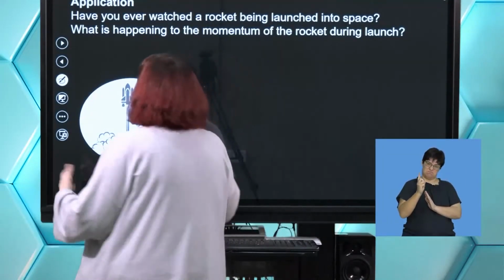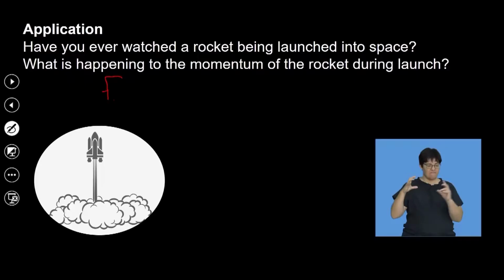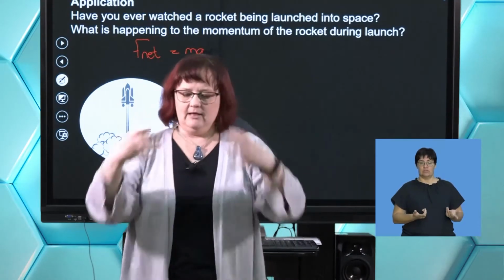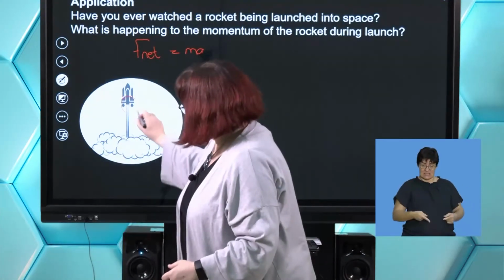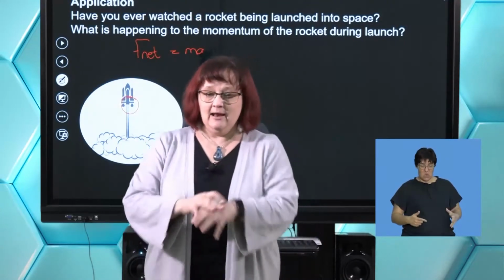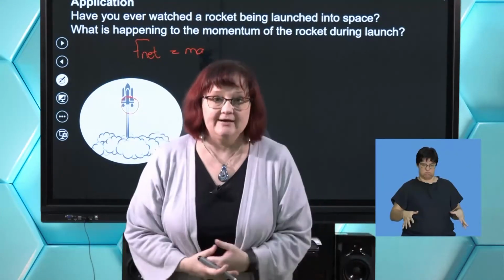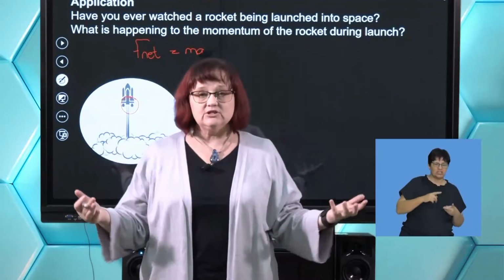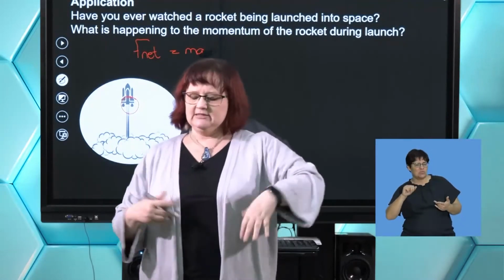So we go, okay, we have a net force acting on the object, and we go F net equals ma. The problem is the mass is changing. There's, at the bottom, by the engines, a lot and lots of liquid hydrogen, lots of liquid oxygen, because they use a hydrogen fuel cell, essentially.